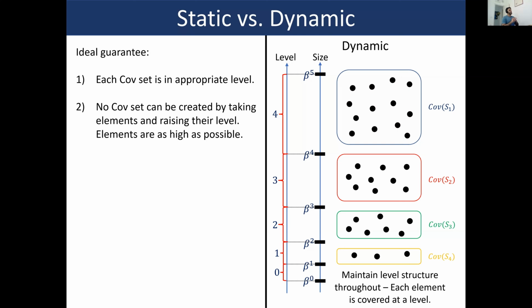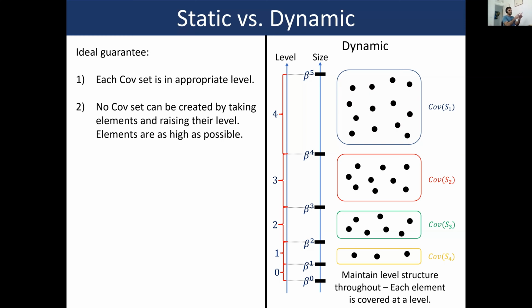But that would be part of the ideal guarantee. And the second part is that there's no cov set that can be created by taking elements and raising their level, meaning elements are as high as possible. The equivalent to this in the static case is that elements are chosen as early as possible, right? Say I consider an element that's in cov S1, and let's say that it's also in S3, but I want it to be in cov S1, not in cov S3, because cov S1 is at a higher level.